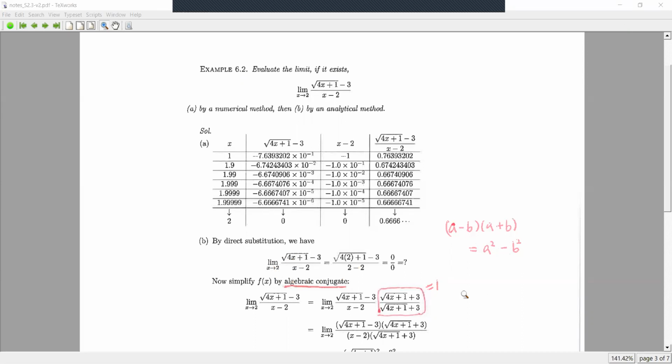To use this formula, I multiply the numerator by its conjugate, a minus 3 times a plus 3, and also multiply the denominator by the same quantity. This quotient is 1, so I only multiply the function by 1. I haven't changed the function.